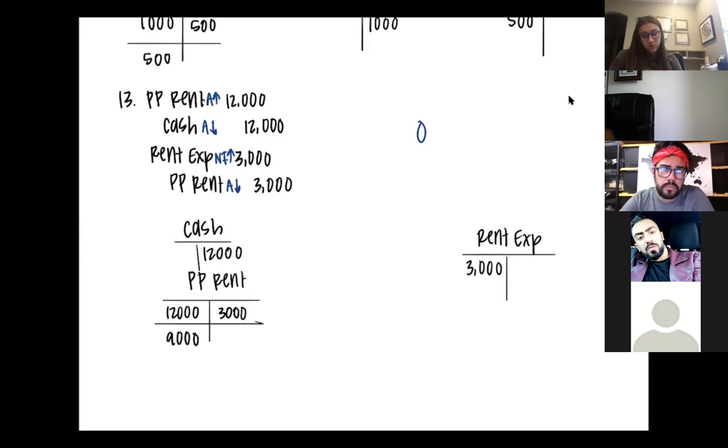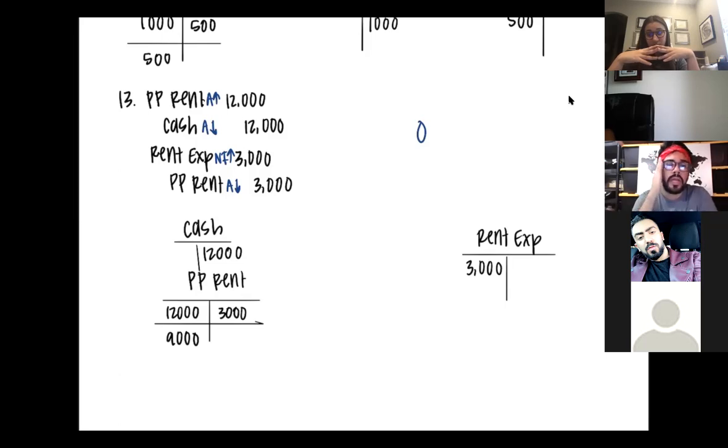The prepaid rent and the cash, debit and credit, balance each other out, right? You increase one, decrease one, but now prepaid rent also has to be decreased by 3,000 because you used 3 months of it, so your assets should have been decreased by 3,000, which means your assets were overstated by 3,000.